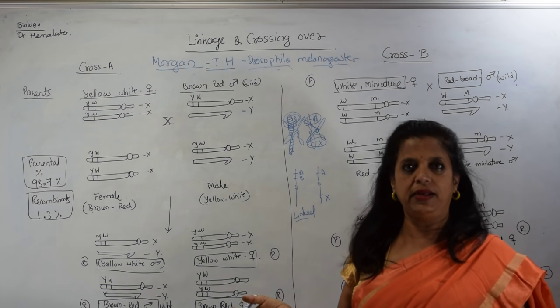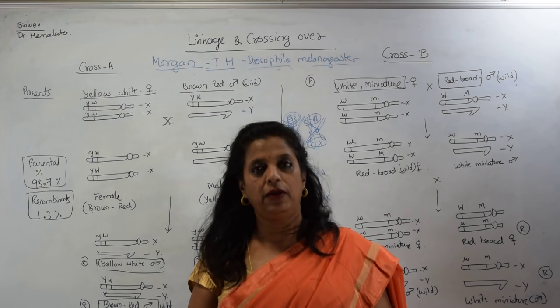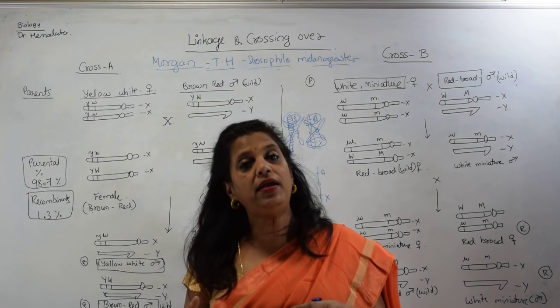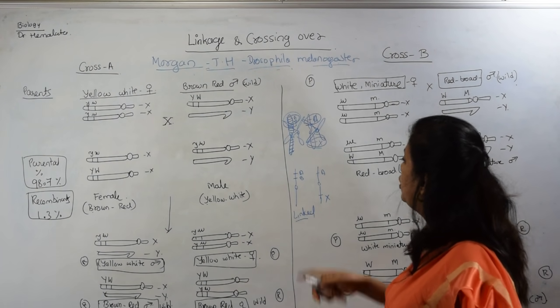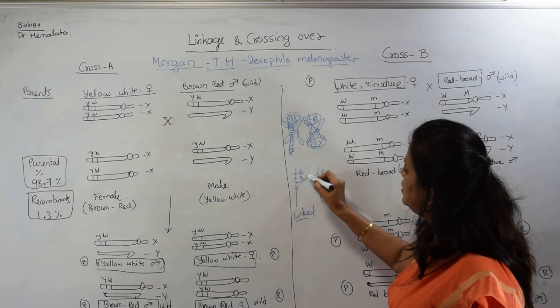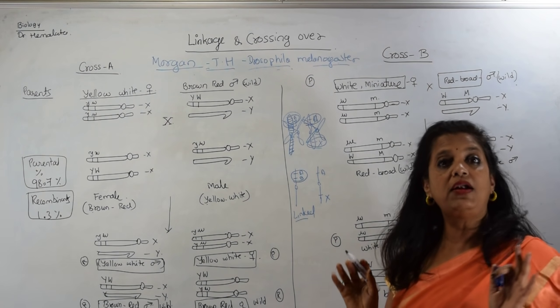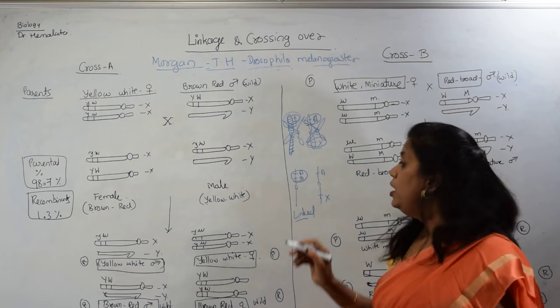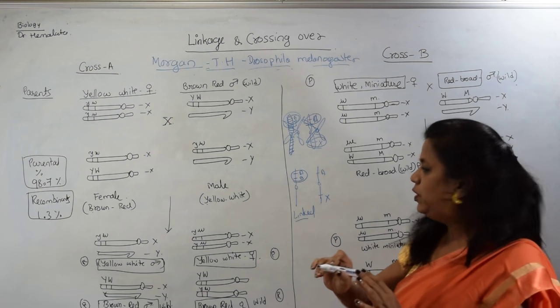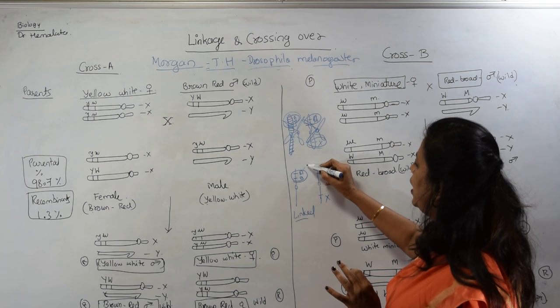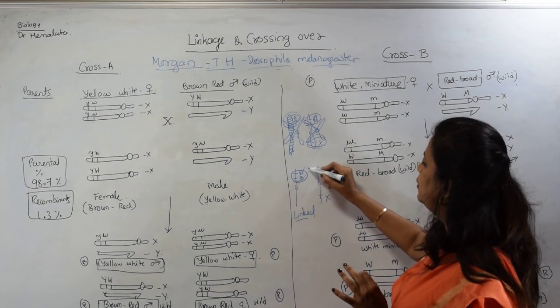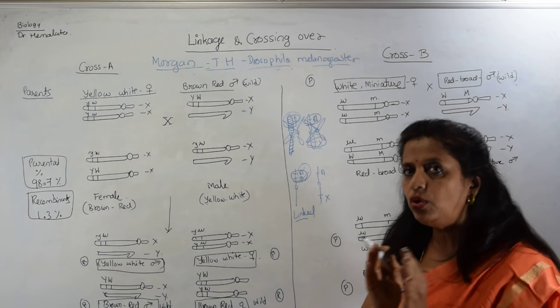They are not linked at all, they are far away from each other. Now, if these undergo crossing over, there is a chance that they go together and will not separate. Say this is the color of the eye, this may be the height, color and height go together.